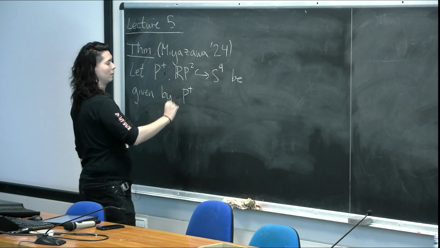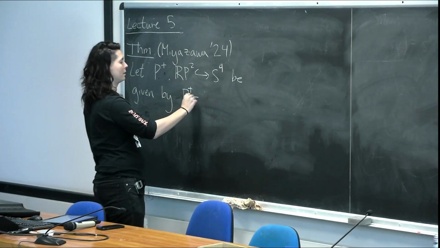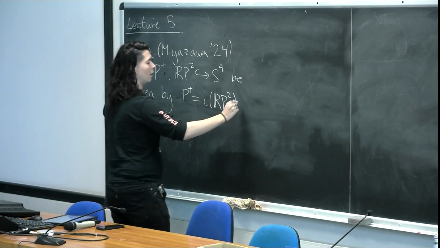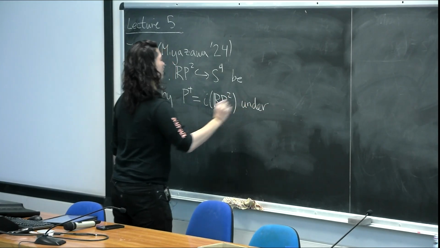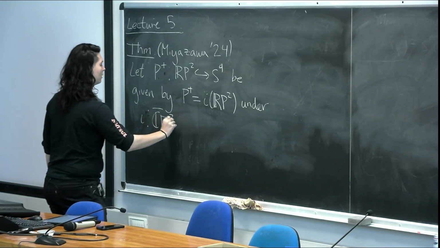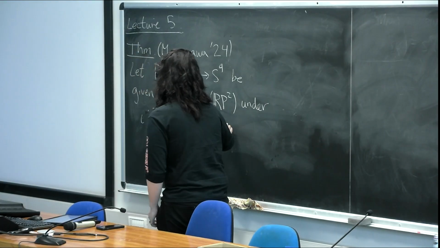All right, so P plus is equal to the image of RP2 under the involution on CP2 bar given by complex conjugation.